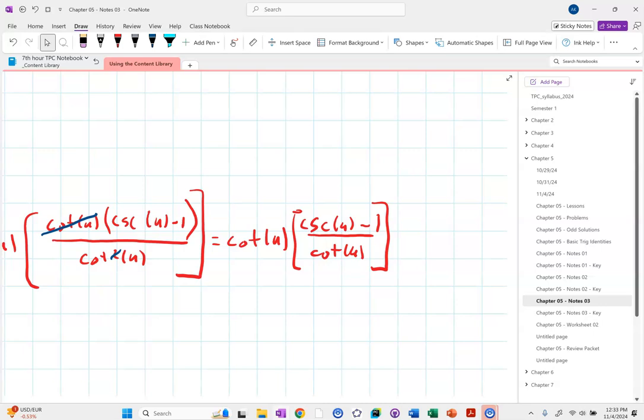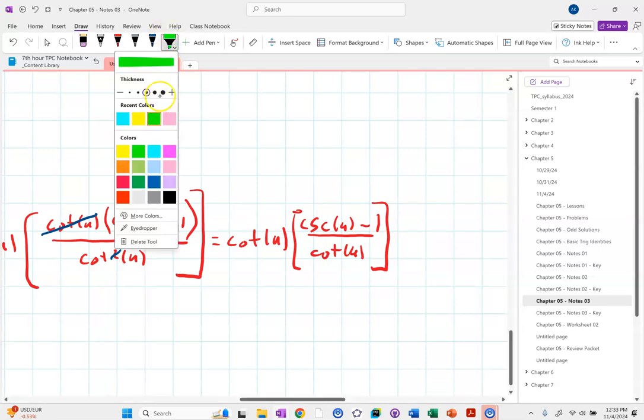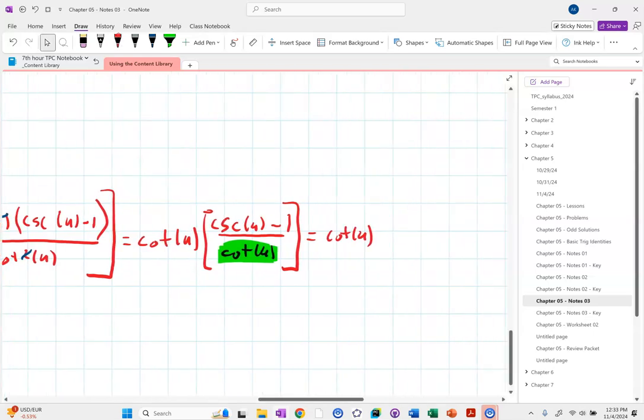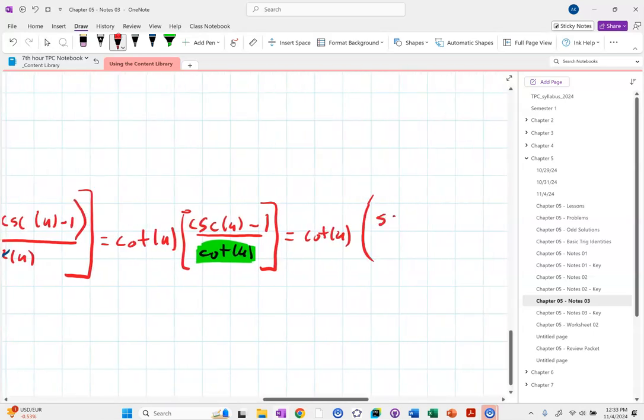Now, the next trick you'd have to employ here is a toughie. And I want to be clear about this next trick. It only is going to work when your denominator is a single term. It does not work if your numerator is a single term and your denominator's got addition and subtraction in it. This only works if your denominator is a single term. But I can break that into two fractions that both have a common denominator of cotangent.